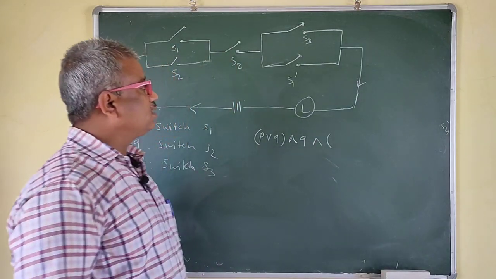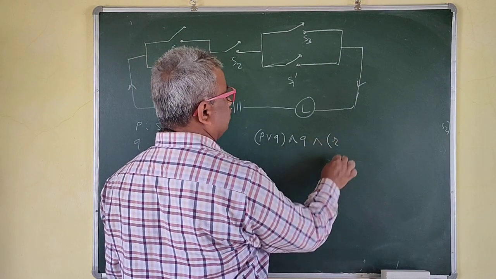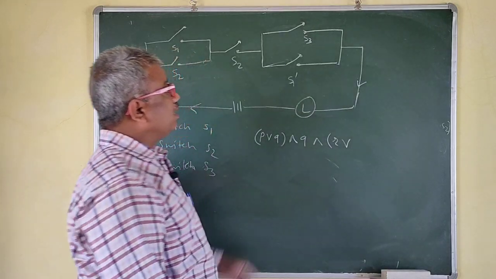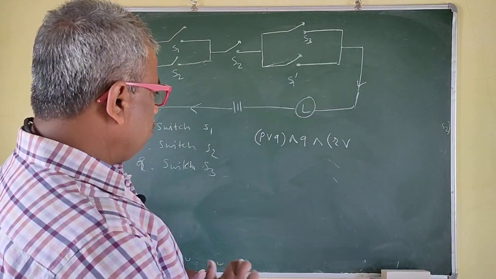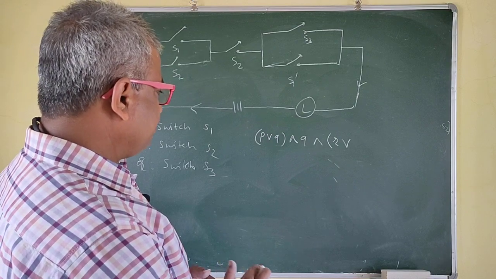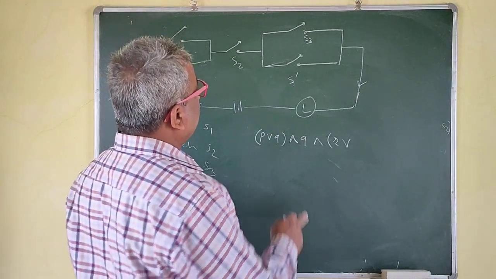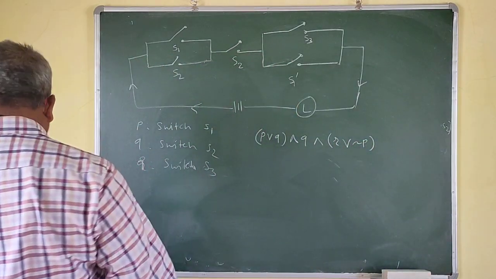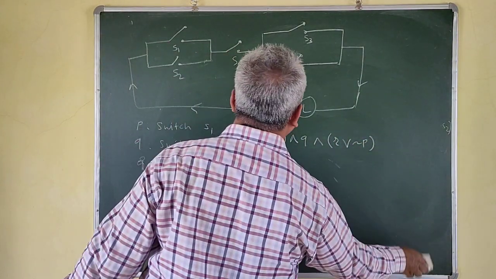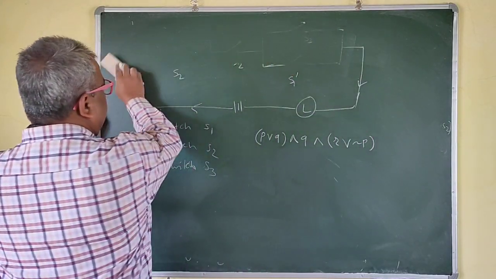Write in bracket. S3 is R. In series, they are parallel now. These two switches are parallel. So now this will be negation of P. This is your symbolic form. Now we don't want this figure now.